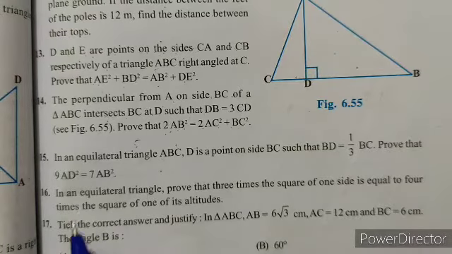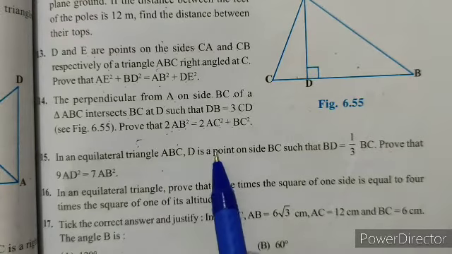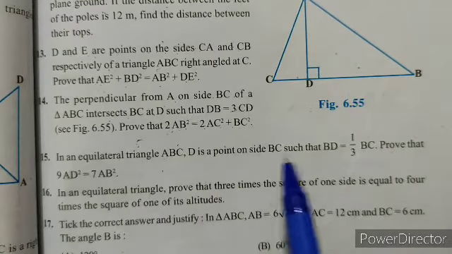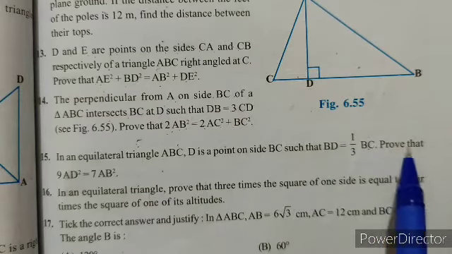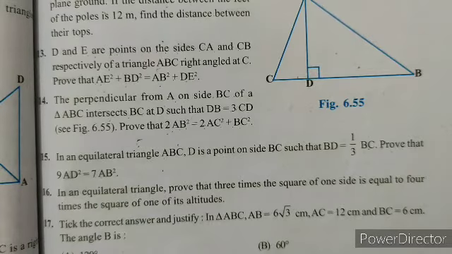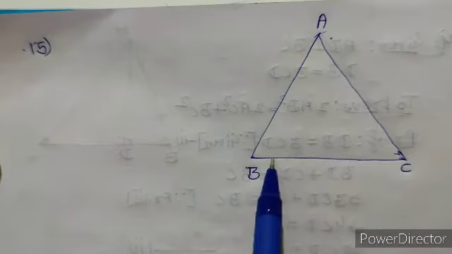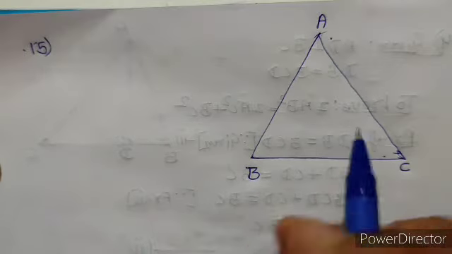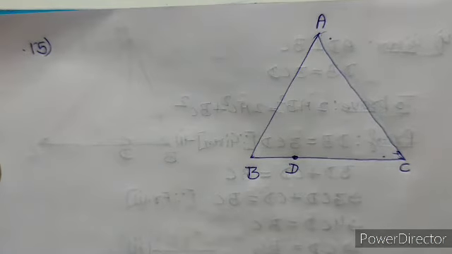Now come to question number 15. In an equilateral triangle ABC, D is a point on side BC such that BD equal to 1 upon 3 BC. We have to prove that 9AD square equal to 7AB square.